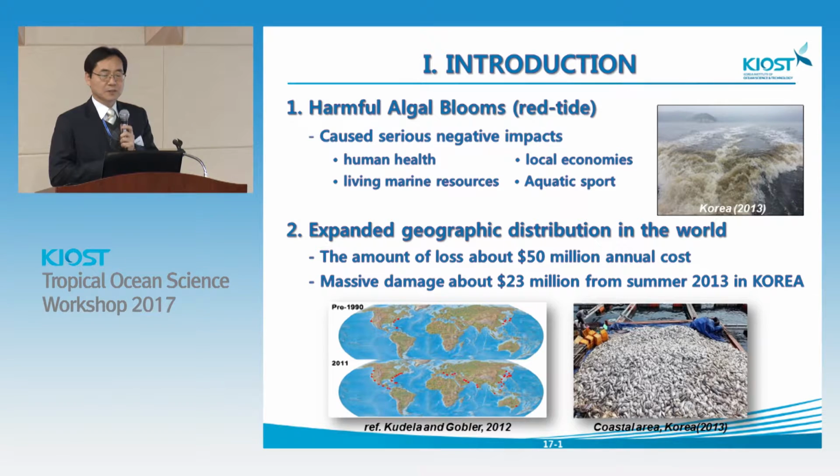From the previous talk, you heard about the damage to fish by this red tide. That's why it is called a harmful algal bloom. And the occurrence of this red tide has expanded to many regions around the world.